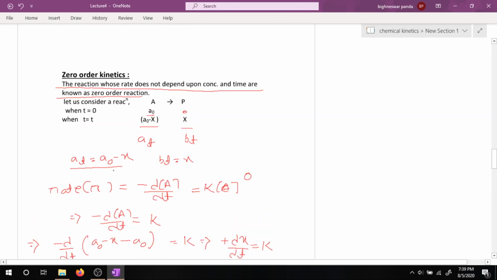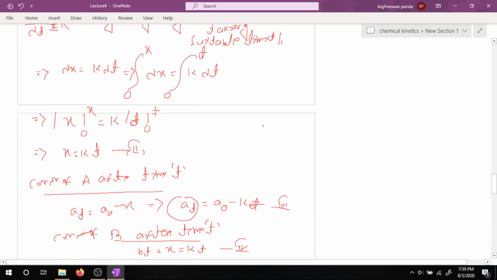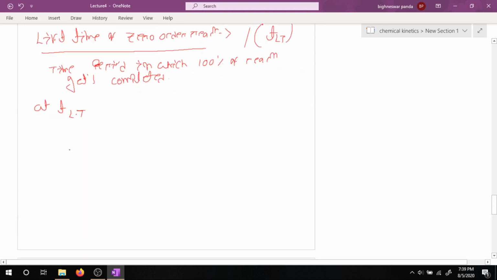So when 100% of the reaction is completed, the concentration of A will be 0, or At is equal to 0. At time t is equal to TLT, I can write At is equal to 0.